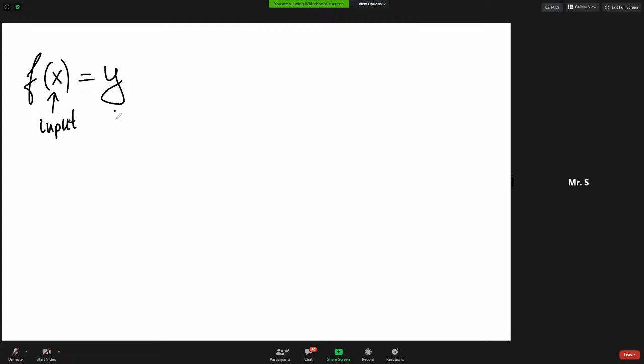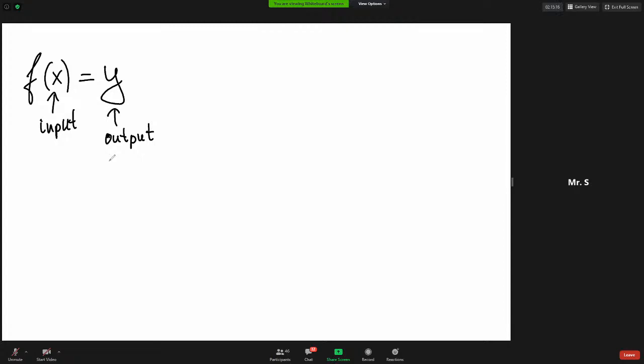X is the input. The result is the function value. We refer to it as the function value or the output, but it's the y value. So when we say y value or function value, they are synonyms.